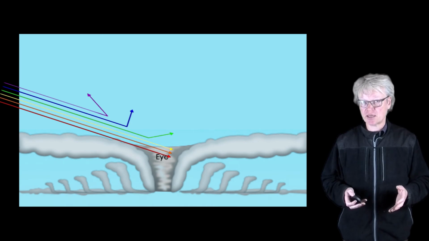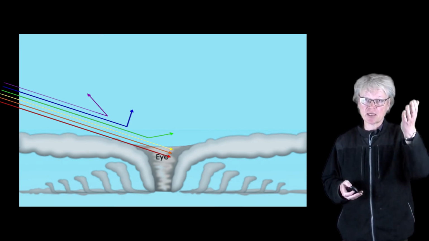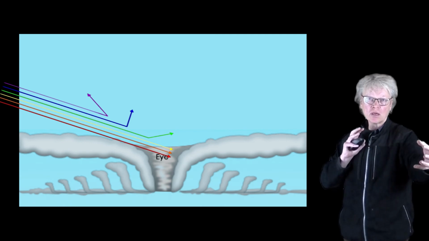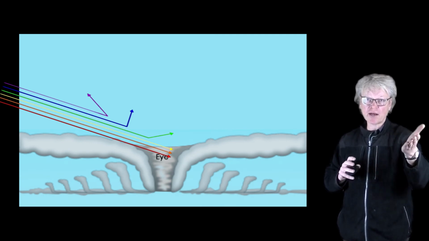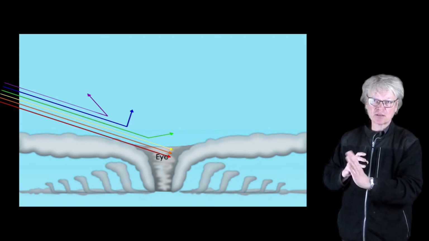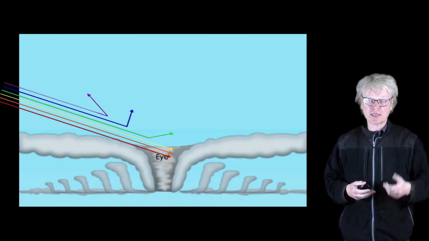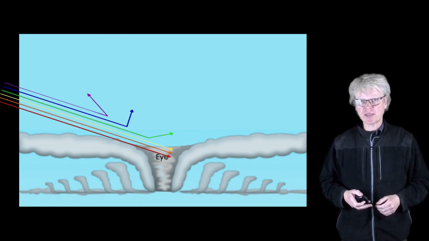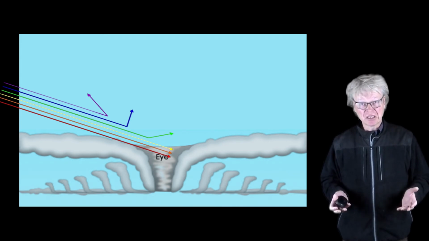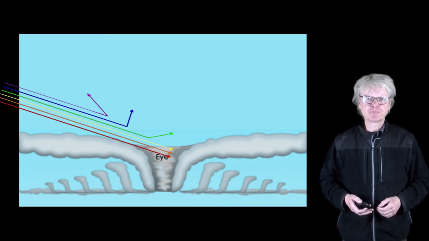Just like at sunset. Why does a sunset look orange and yellow? Because as the sun sets, it's passing through a longer part of the atmosphere, or passing through more atmosphere. The blue light is being refracted out, and so we don't see it, and all we're left with is the yellow light. Well, the same thing happens if you ever happen to find yourself in the eye of a hurricane. You might find yourself with a yellow sky.